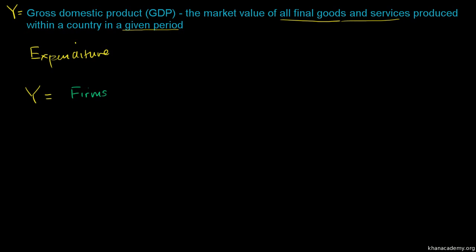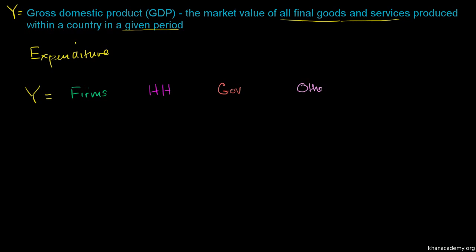You also have your households. They obviously could have spent some money on goods and services produced in this country. Then you also have, in most countries, in fact in all countries, you have the government. The government could have spent some of the money on the goods and services produced in this country. And if we assume that we're trading with other countries, there are other countries that might have spent money on goods and services.